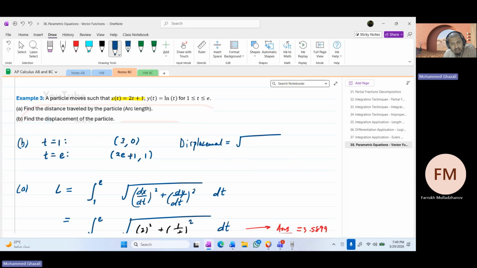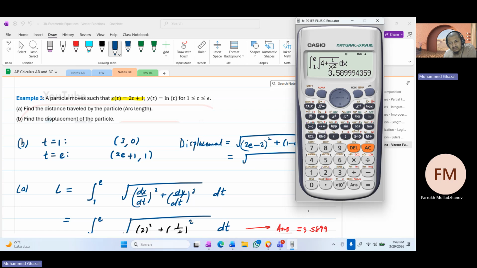So what's the displacement? Displacement is the square root of x2 minus x1 squared, so 2e plus 1 minus 3 squared. In other words, 2e plus 1 minus 3 gives you 2e minus 2, plus 1 minus 0 squared. That's easy now. You just put this into the calculator and get an answer.